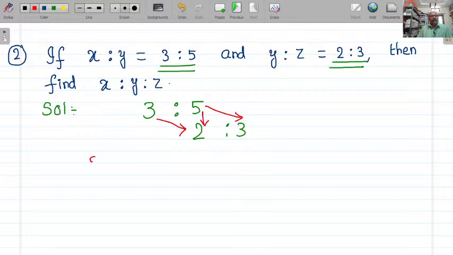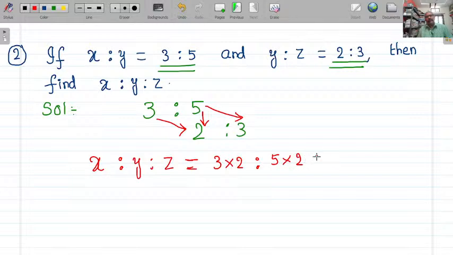Therefore we get x is to y is to z equal to 3 into 2 is to 5 into 2 is to 5 into 3. Yes, you are correct. This is 6 is to 10 is to 15. Even non-math students are able to do this problem in an easy manner.